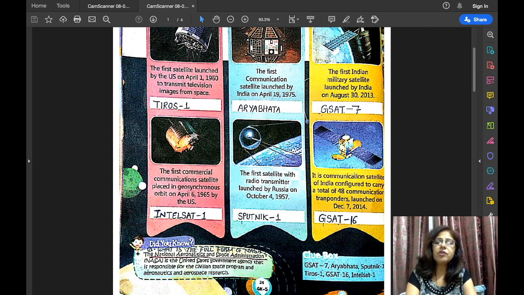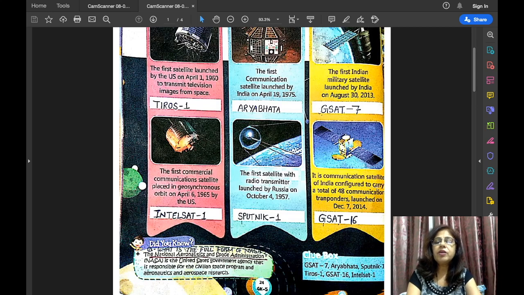The next picture is of GSAT-16. It is a communication satellite of India configured to carry a total of 48 communication transponders, launched on December 7, 2014. So GSAT-16 was launched on December 7, 2014. It was launched by India.